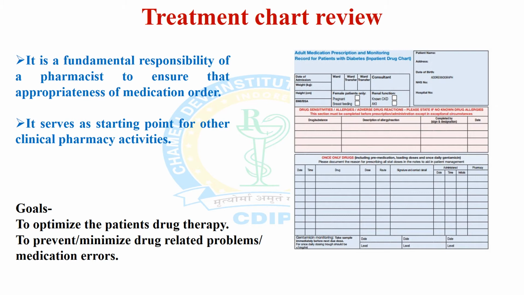Organizing information according to medical problems helps break down a complex situation into its individual parts. Their goal is to optimize the patient's drug therapy and prevent or minimize drug-related problems or medication errors.